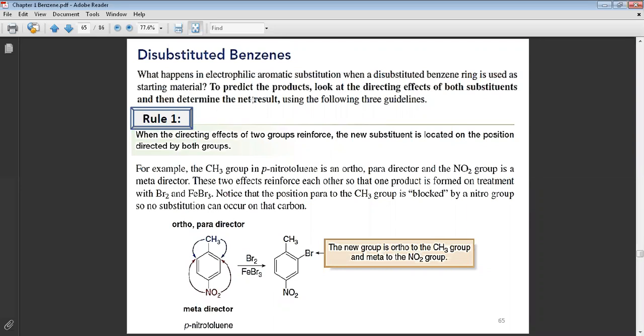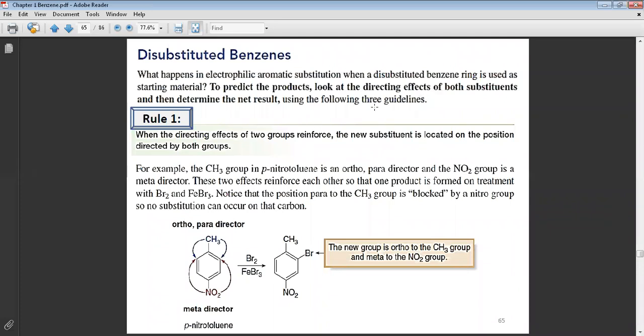Okay, as a result we use the following 3 rules. Okay, rule number 1, when the directing effect of two groups reinforce. What does reinforce mean, students? It means one helps the other, they work together, the same orientation.